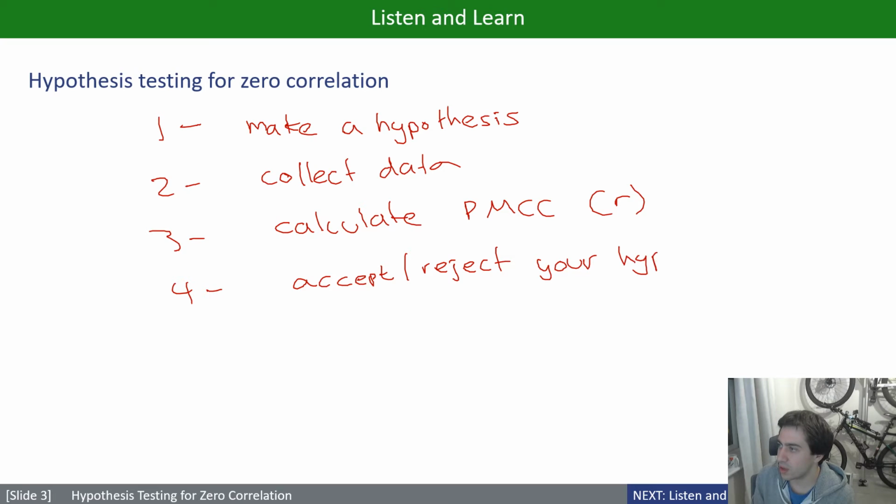Okay, this is the high level overview of what we're going to do, but we'll get more specific in a moment, and we'll talk about R and rho and how we actually get the critical value.